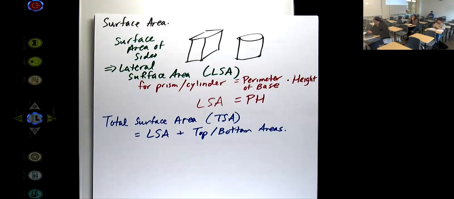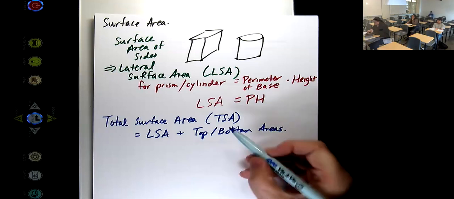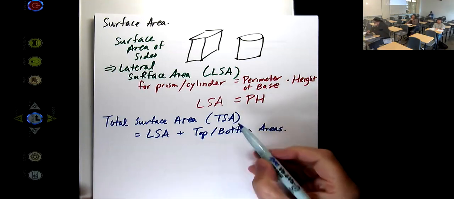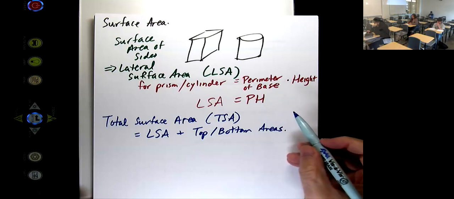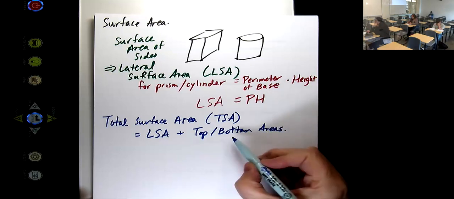So this is going to be different for all of them. But for rectangular things, the bottom is just, we call B, right?